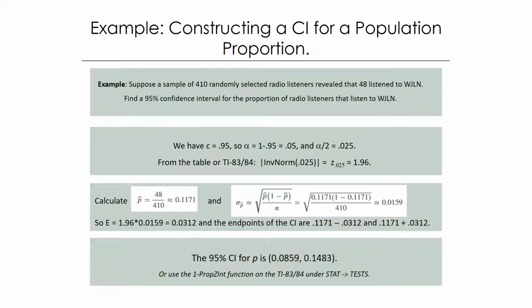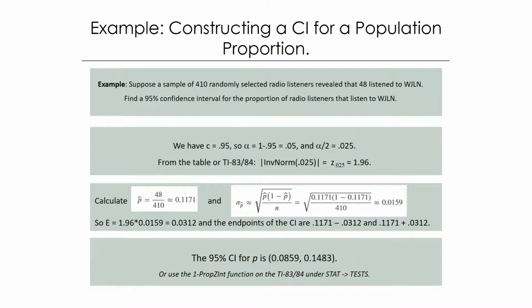So we've got about a 3.12% margin of error. So then the endpoints of the confidence interval you get by adding and subtracting that to and from p hat: 0.1171 minus 0.0312 and 0.1171 plus 0.0312, and that gives the 95% confidence interval for p, which is 0.0859 to 0.1483.